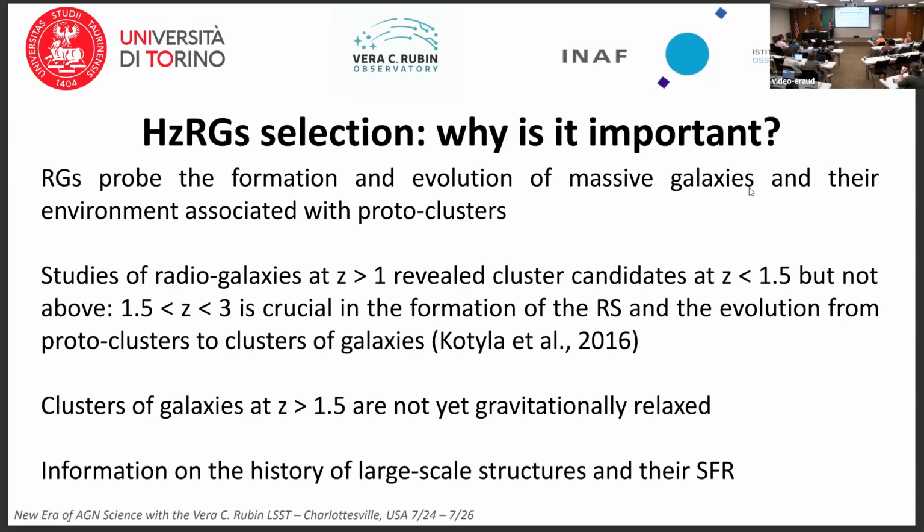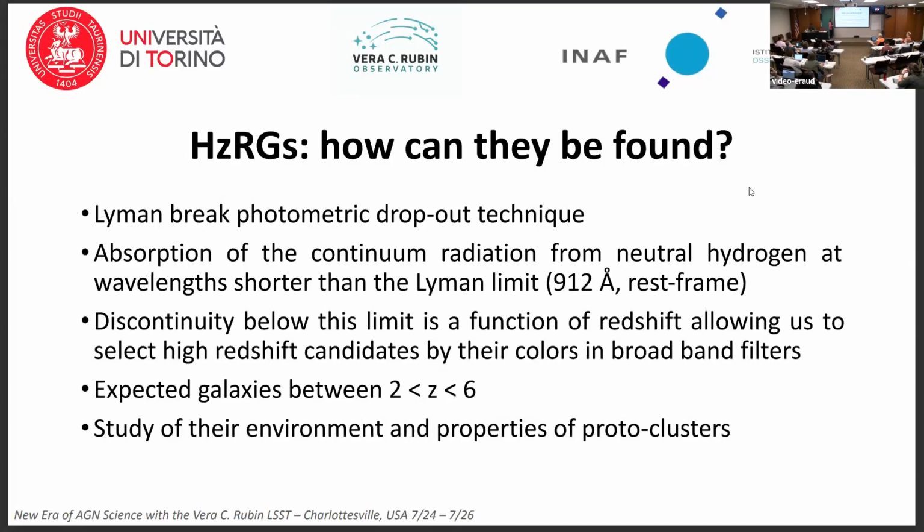The selection of high redshift radio galaxies could be very interesting to study these proto-clusters, the history of the large scale structure and their star formation rates. We were thinking to do this using the photometric dropout technique, so basically to have a pipeline that does the selection with a dropout technique.